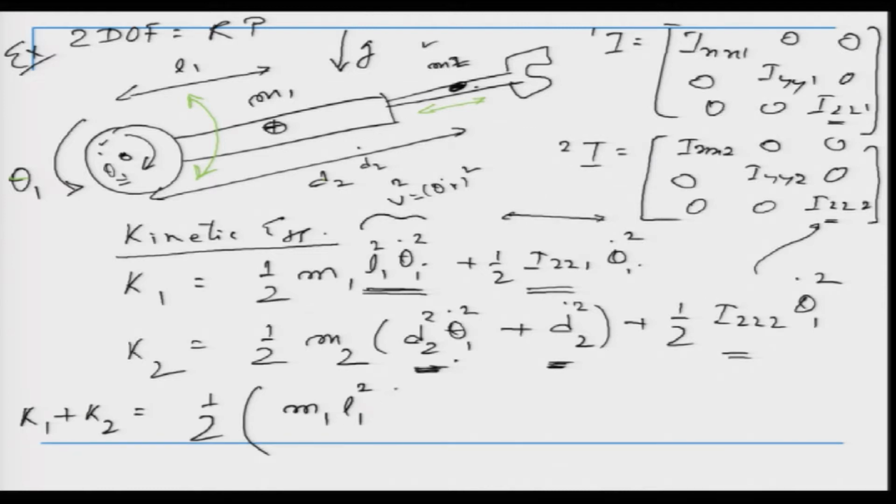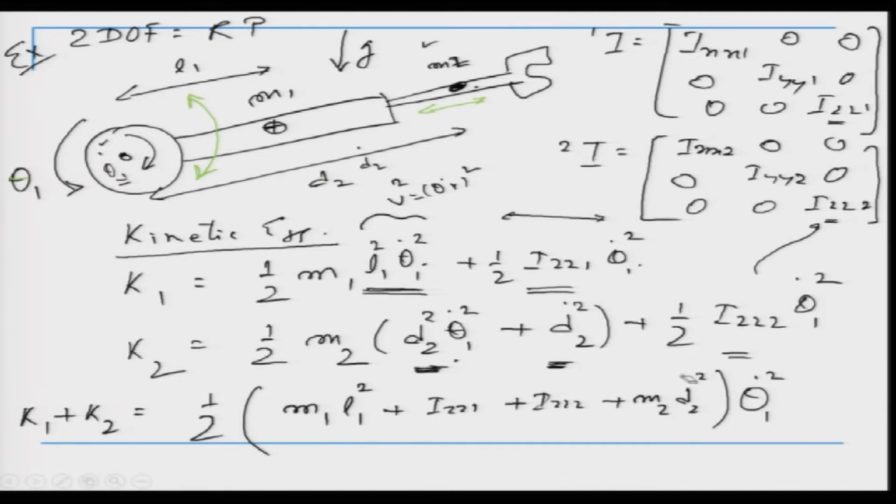So, I take m1 L1 squared plus Izz1 plus Izz2 plus m2 d2 dot squared, and my theta 1 dot squared outside. Okay. So, what we have got is I have collected all the terms, and this is going to be d2 squared m2 d2, this does not have a dot.